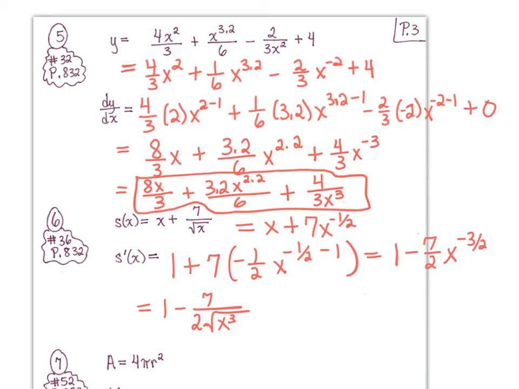So you could rewrite this as 1 minus... I would accept this, but you also need to make sure you're able to identify the answer as being 1 minus 7 over 2x square root of x. So you can write that, or you can write that.